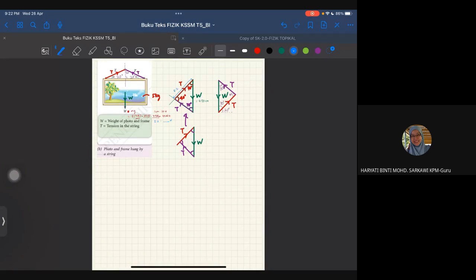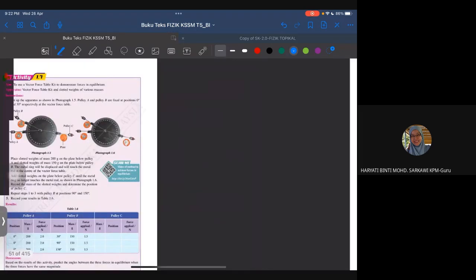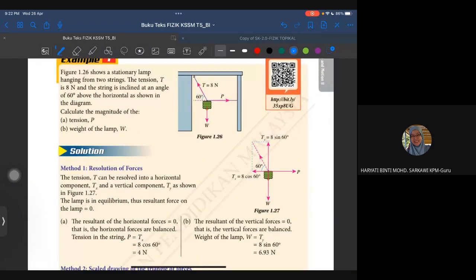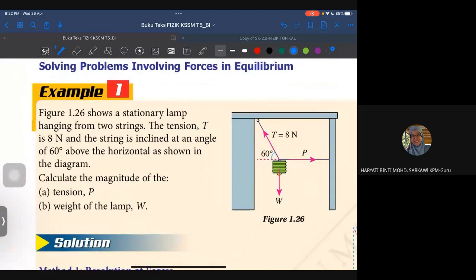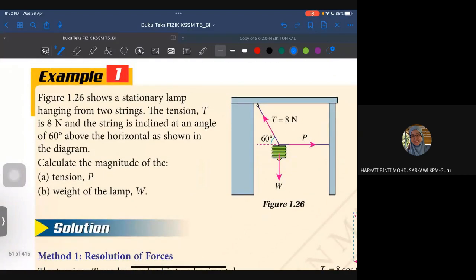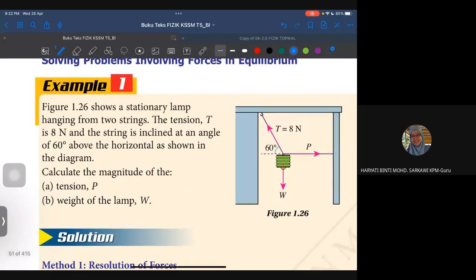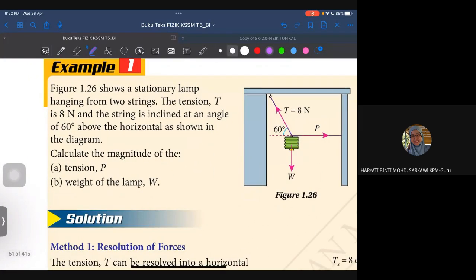But there is an example here that gives you, there are actually two ways to determine the forces. So it's either by using calculation or by using triangle of forces. Okay, look at this question. Alright, so the diagram shows a stationary lamp hanging from two strings.